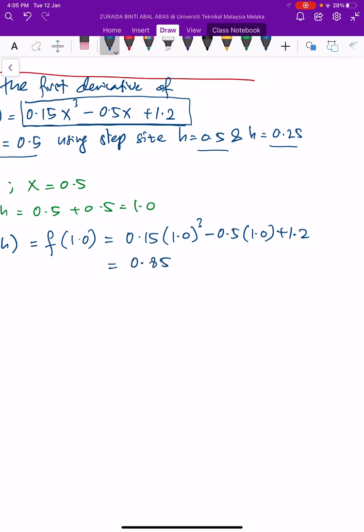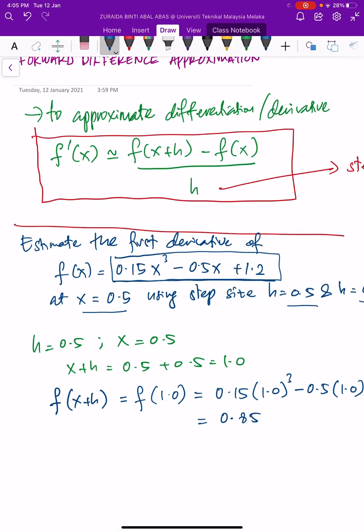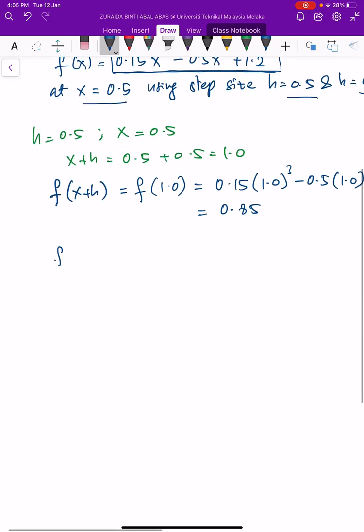That will give you 0.85. Now what's next? You need to evaluate the function at x equal to 0.5, so next is f of x, where x is equal to 0.5.